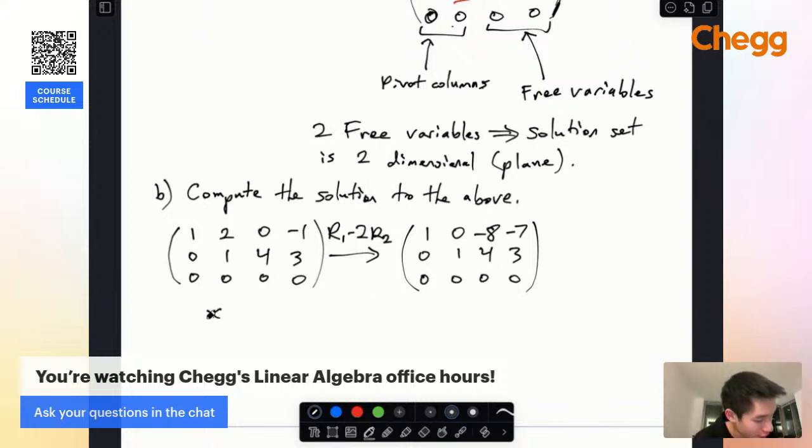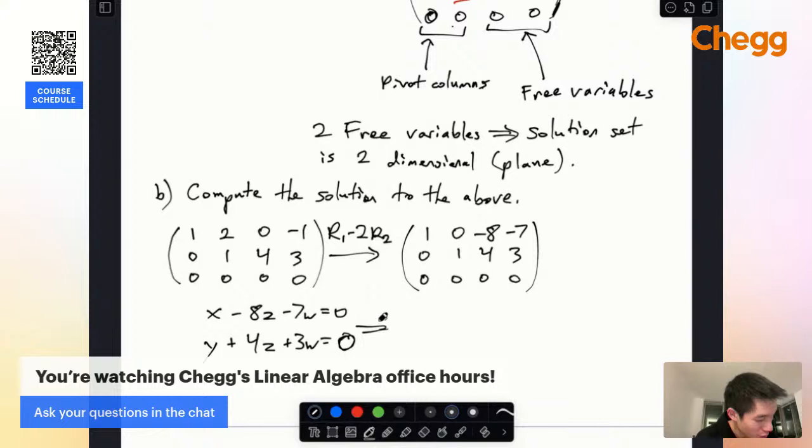We get x minus 8z minus 7w equals 0, y plus 4z plus 3w equals 0. So the way I like to do this is to move all the free variables to the other side.